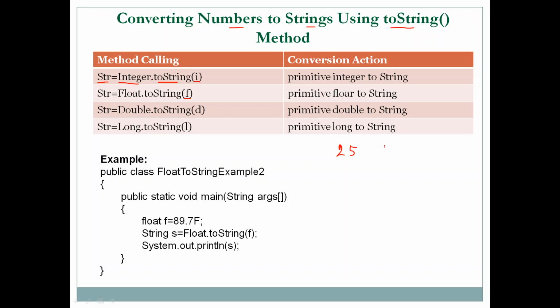That means it will give me 25 in double quotes. Double quotes are used to represent a string, so it will give me something like this. So we can convert any type of value, whether it is integer, float, double or long, into string by using the method toString.